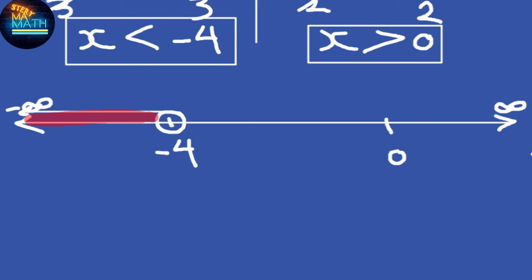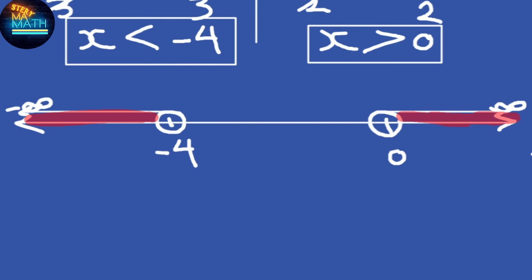What about the second solution? x is greater than 0. Let's draw a circle at 0. And since you don't have an equal sign underneath the greater than, the circle will be open. And since it's greater than, you will go towards the right, or towards infinity, and shade all the numbers on the right.